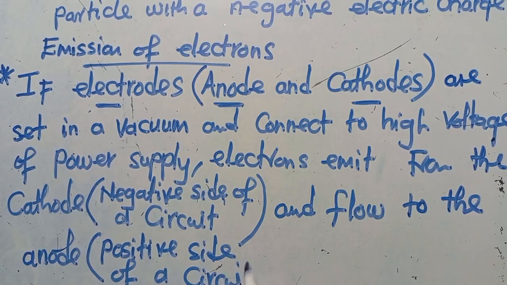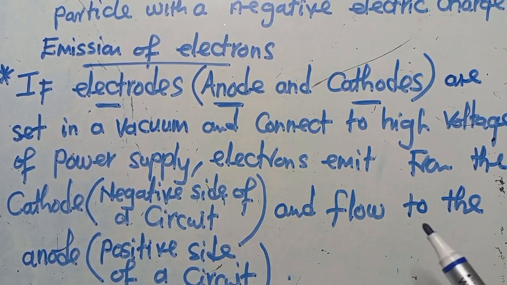These are two important things that you need to know. Electrons will move from the cathode to the anode. These are points that you need to understand clearly and attentively. I want you to know everything that I'm talking about.